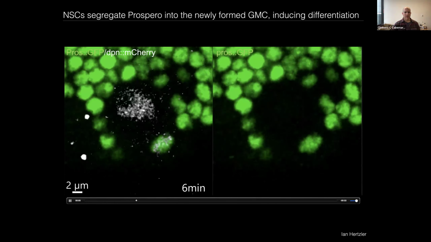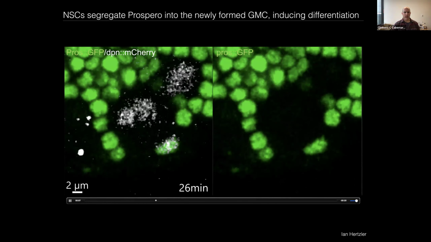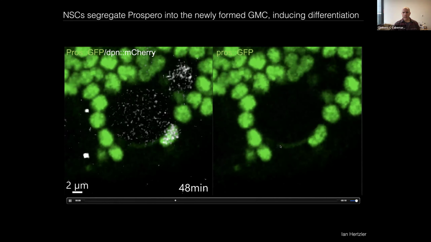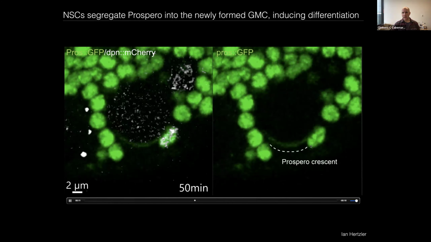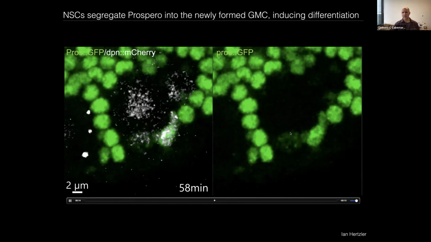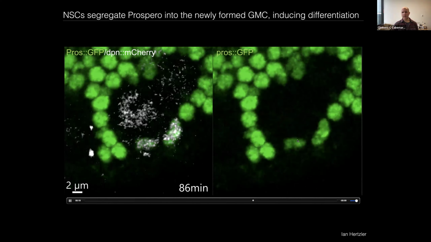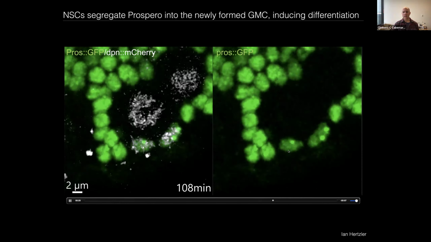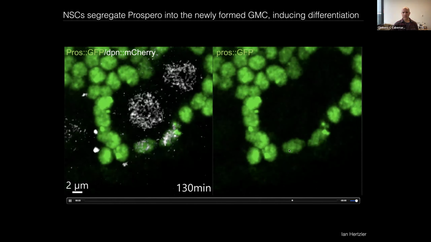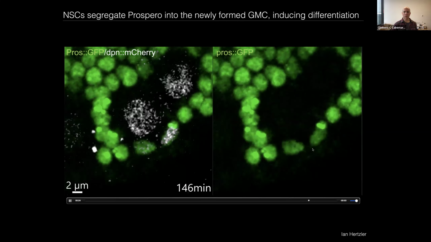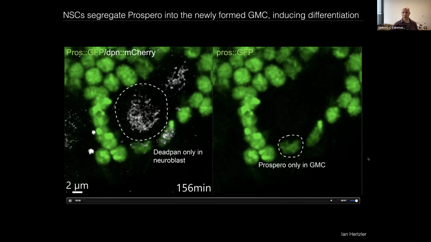So here's a wild-type neural stem cell labeled in gray, Prospero in green. In mitosis, Prospero usually is forming a basal crescent, which then segregates into the smaller GMC, enters the nucleus, and so we end up with a smaller cell that is then starting a differentiation program. So this is the normal wild-type progression of Prospero.